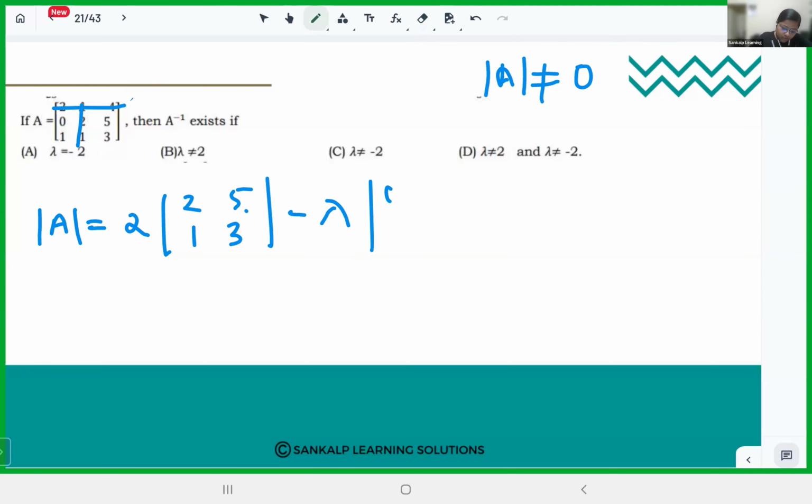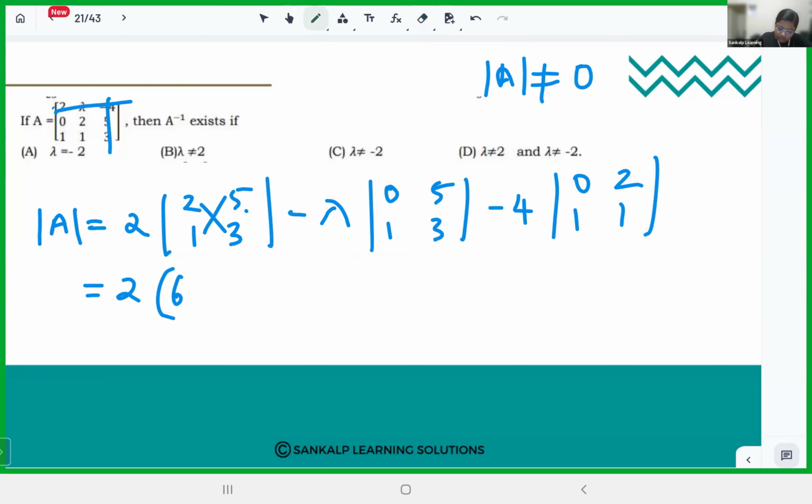Okay. Now what you have to do? You have to delete the third row and third column. That is minus 4 into 0, 2, 1, 1. Right. So that is equal to 2 into 3 is 6 minus 1 into 5 is 5. Right. Minus lambda, 0 into 3 is 0 minus 1 into 5 is 5. Right. Minus 4 into 0 into 1 is 0 minus 1 into 2 is 2. Okay.